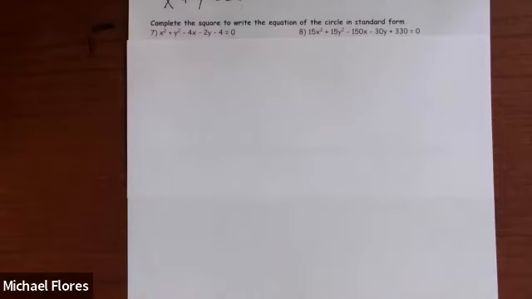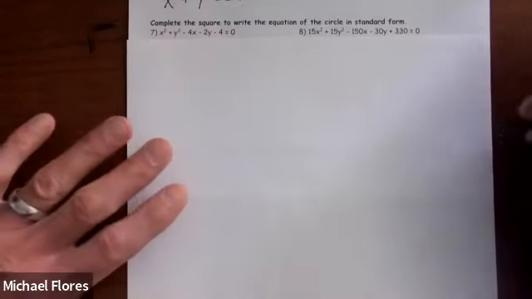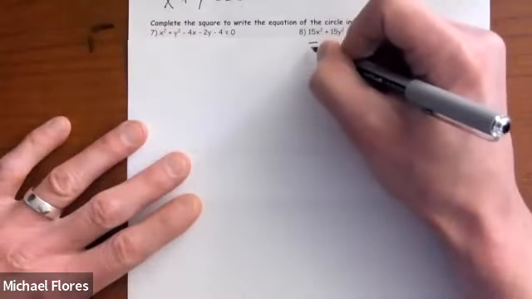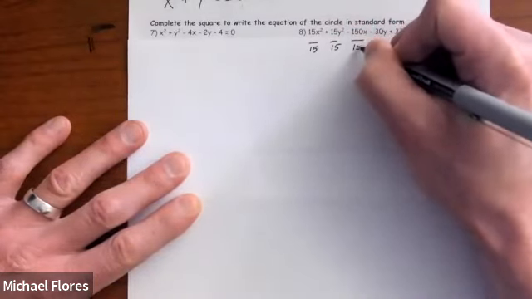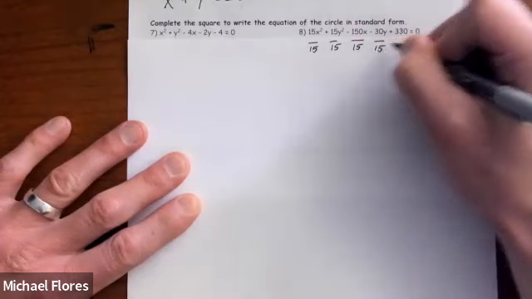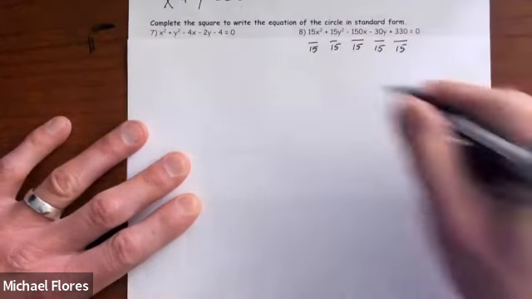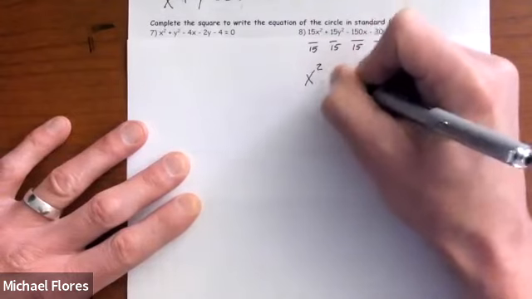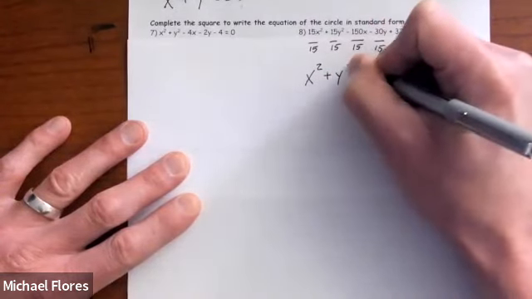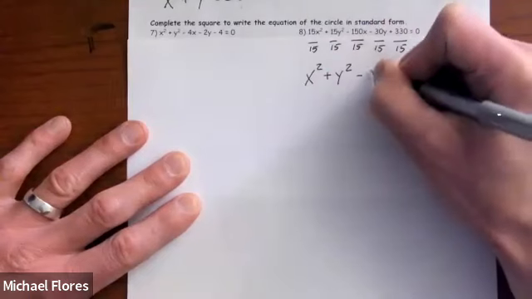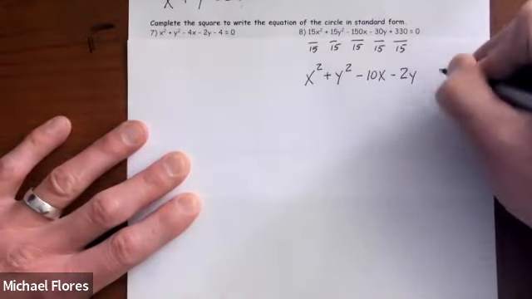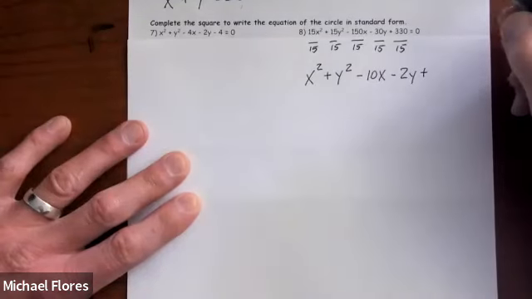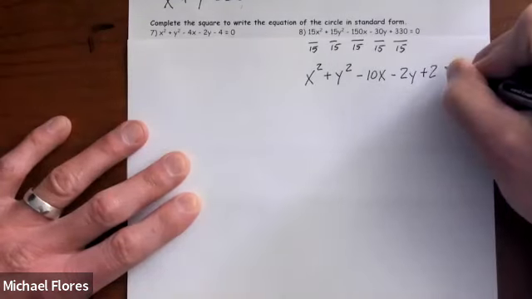Example 8. Oh, darn it. Blast. We have numbers in front of x and y. Good thing we can divide everything in here by 15. Divide it all by 15. That would give us x squared plus y squared minus 10x minus 2y plus, quick math, 22.